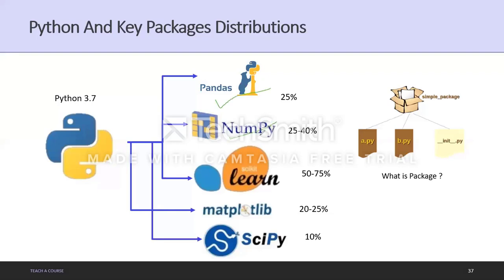I would say these are the major key heroes when you're building your data science applications. Scikit-learn covers 70 to 80 percent of the libraries, and it's really helpful to build all your machine learning models.